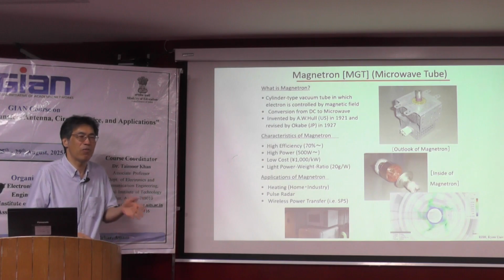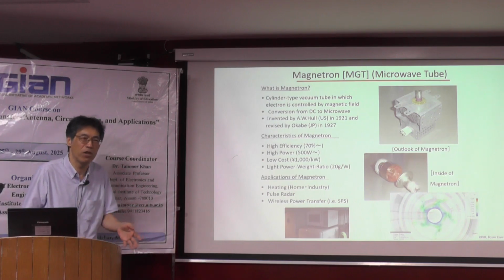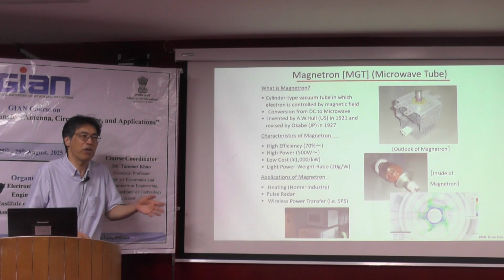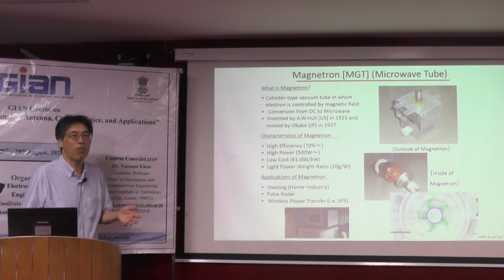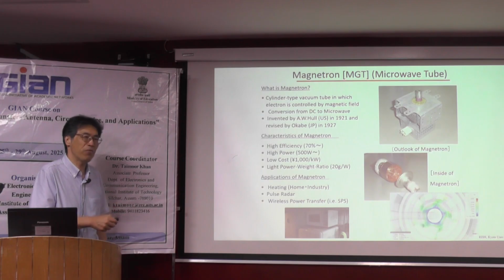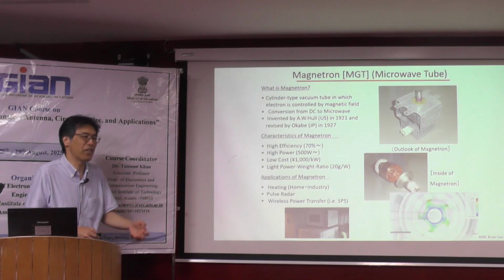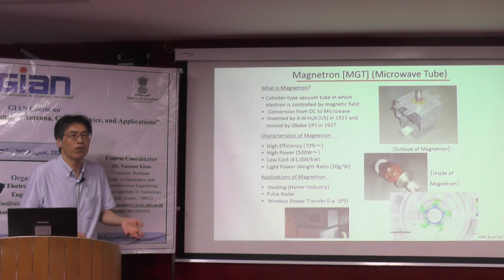Other types of microwave tubes are the klystron, the traveling wave tube, or the gyrotron, etc. For wireless communication, they do not apply the magnetron now. About 50 years ago, they applied the klystron as a source of wireless communication, but recently they all use semiconductors.